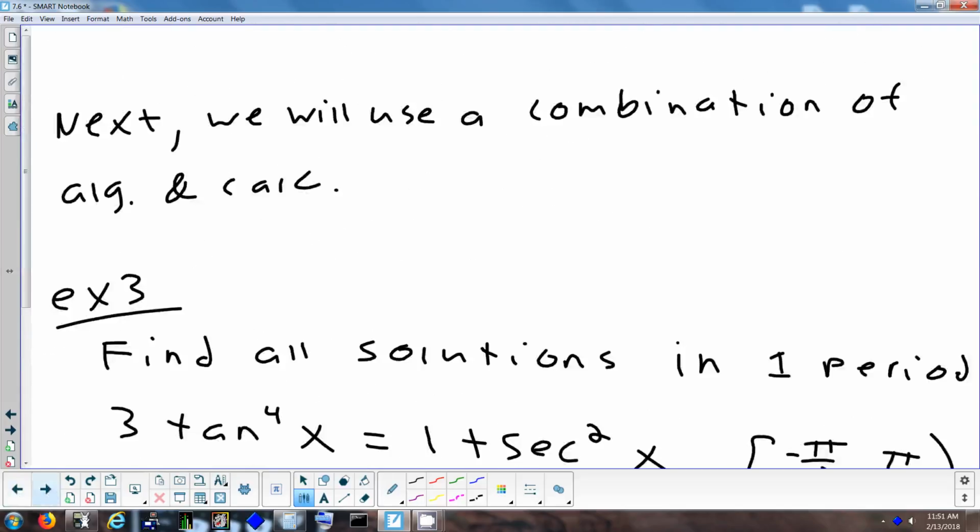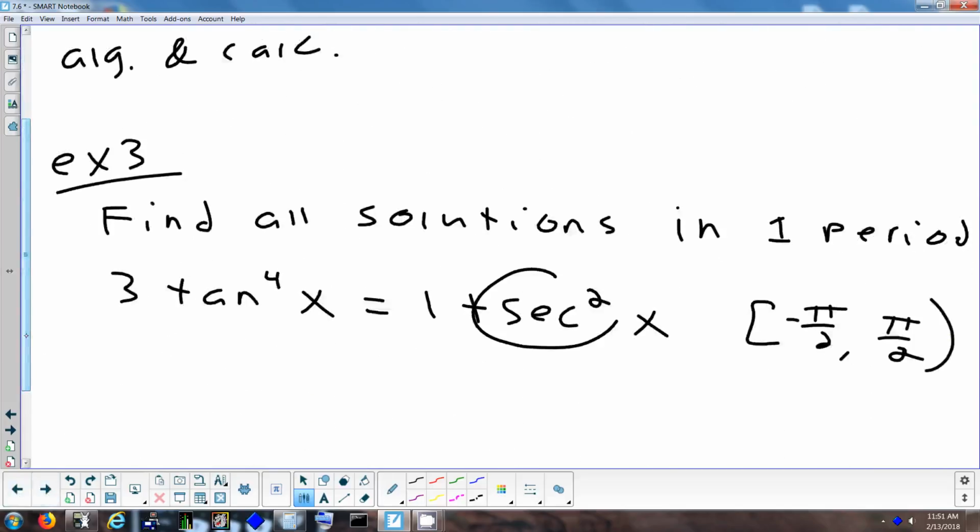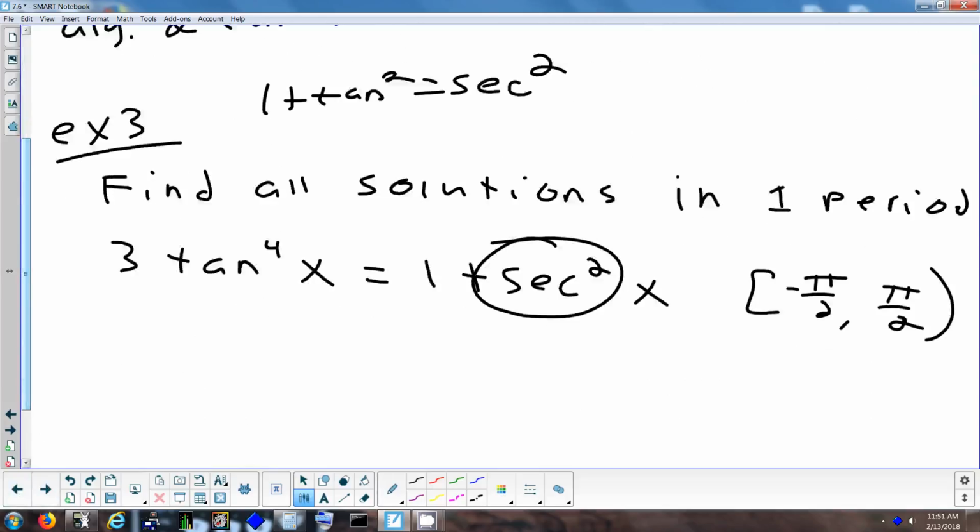So that's probably important to write down. That's an identity: 1 plus tangent squared equals secant squared. Remember, there were 3 Pythagorean ones. We've been using sine squared plus cosine squared. That's a different one.